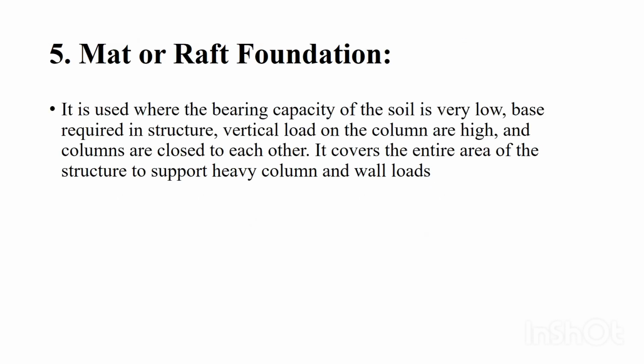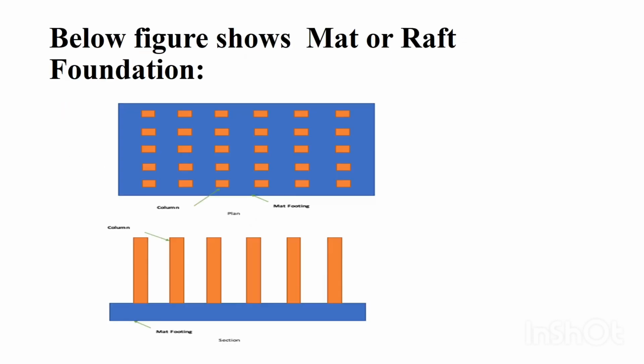This is the type of mat foundation, as we see, used where we have very weak soil. Means we have low soil strength. This is the reason why we need many columns in order to construct strength.